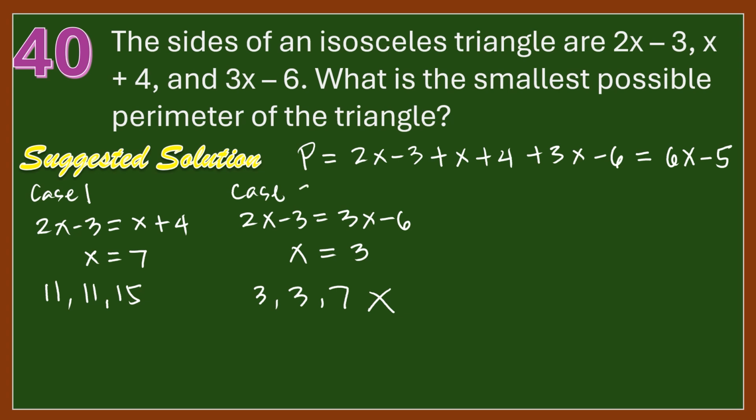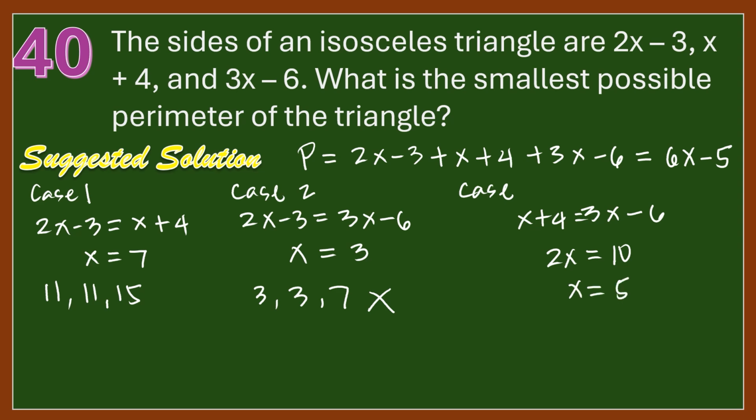Let's have case 3, when it's the sides x plus 4 and 3x minus 6 that are equal. Solving for x, we have 2x is equal to 10, then x is equal to 5.